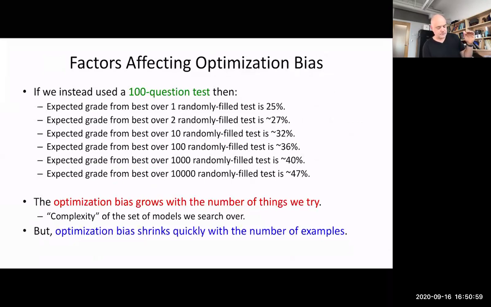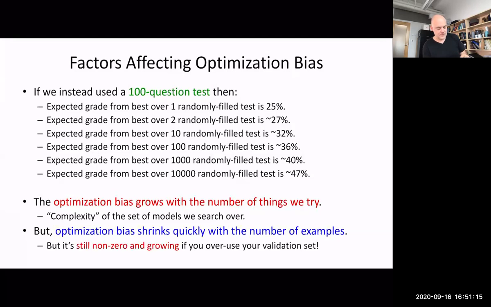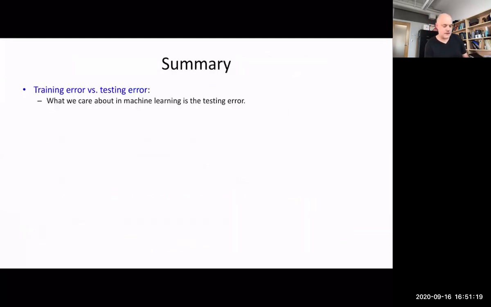But the optimization bias shrinks quickly with the number of examples. So when we go from 10 to 100, the optimization bias goes down. With more training examples the optimization bias goes down, but it still goes up with more models tried, okay? Particularly if you overuse your validation set, as the question discussed.